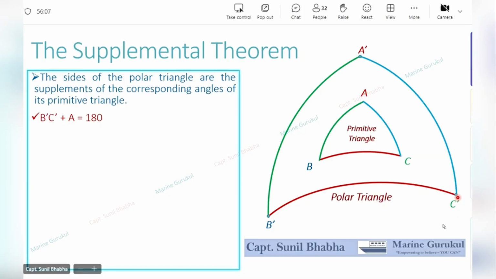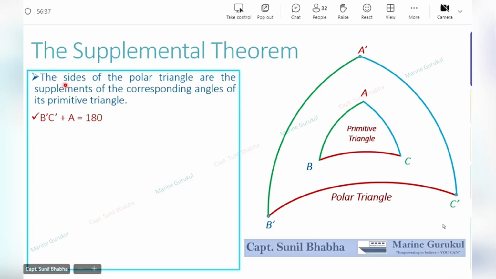The supplemental theorem says that the side of the polar triangle, B'C', and the corresponding angle of the primitive triangle, that is angle A, are supplements, meaning they add up to 180 degrees. That is exactly what is mentioned here: B'C' plus angle A is equal to 180 degrees.